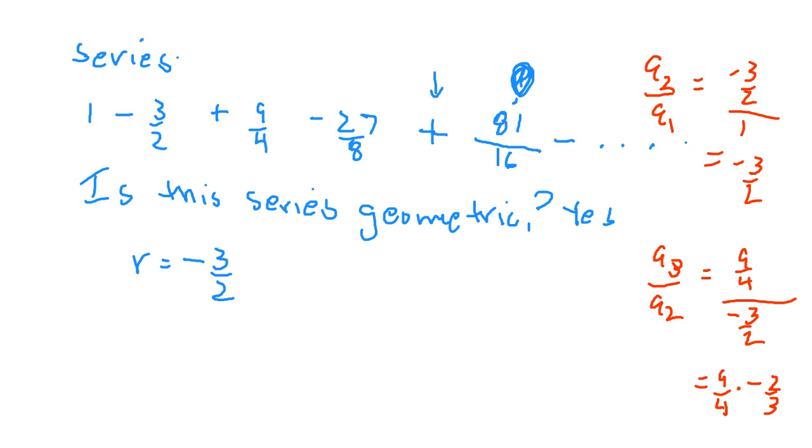And again, that's going to equal -3/2. We simplify a little bit here. Yeah, -3/2 for sure. So common ratio is -3/2.